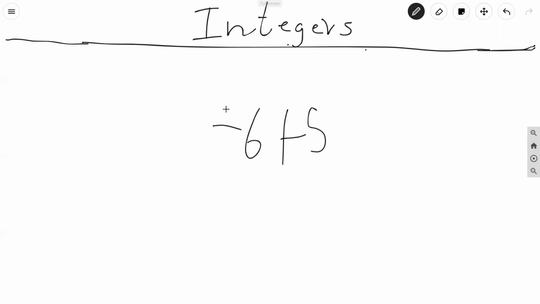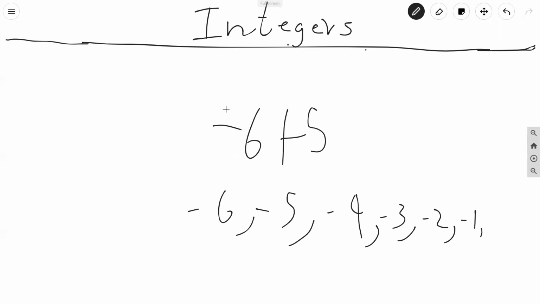Now, since this is plus, it is going more, right? So from minus 6, let's draw something like a number line. Minus 4, minus 3, minus 2, minus 1, and 0. And then 1, 2, and so on. Okay, so if we plus 5, then it just goes like this.